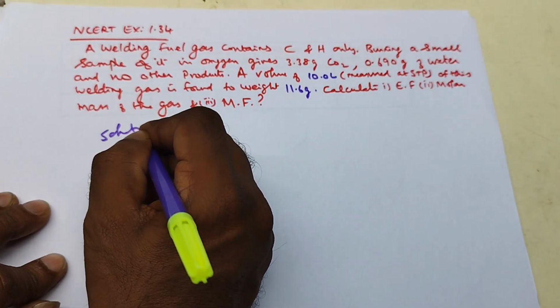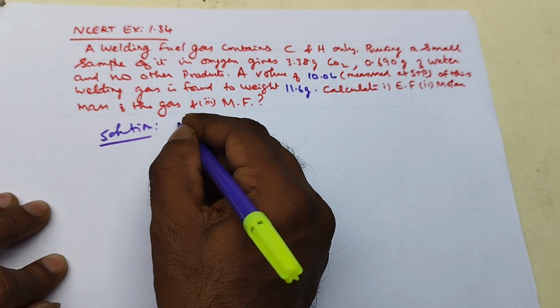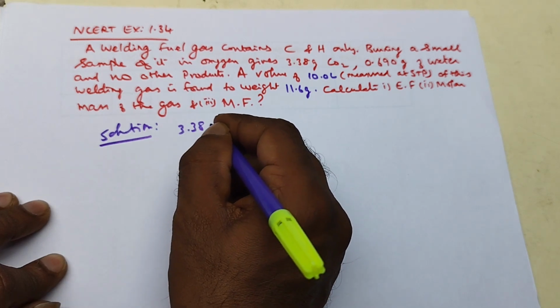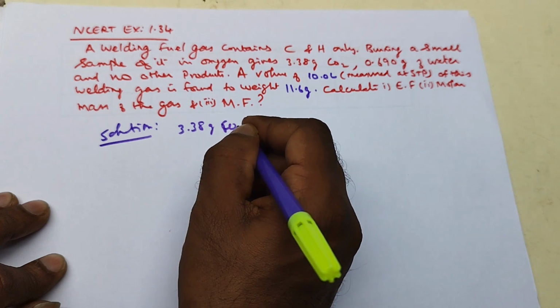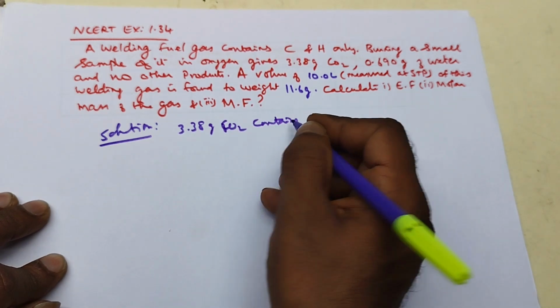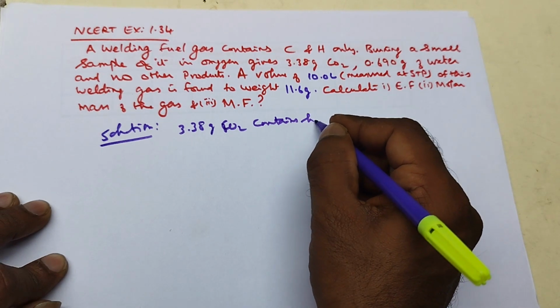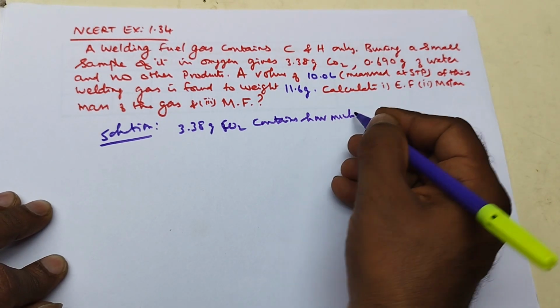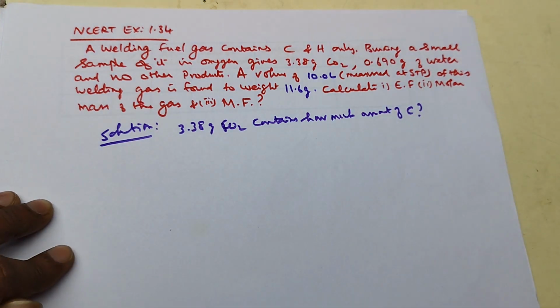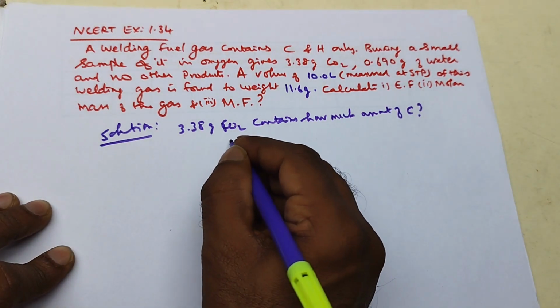So we will write the solution. 3.38 gram of carbon dioxide contains how much amount of carbon? That is the first thing. How can you find this?